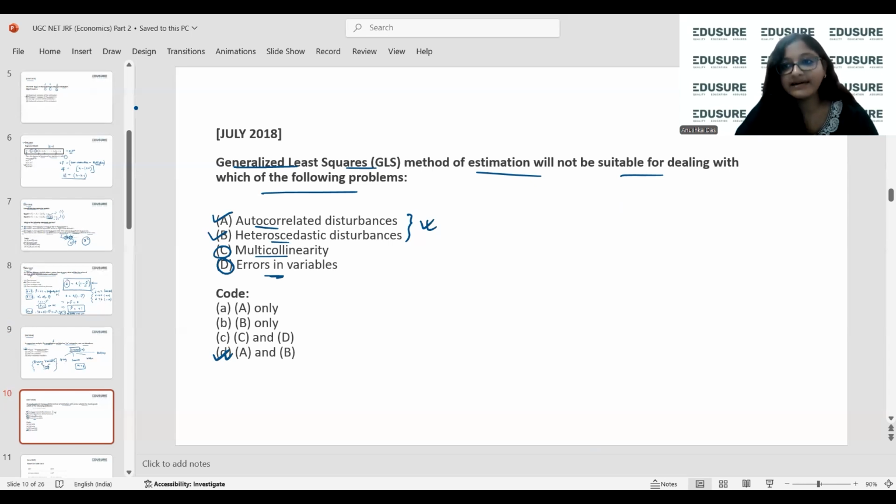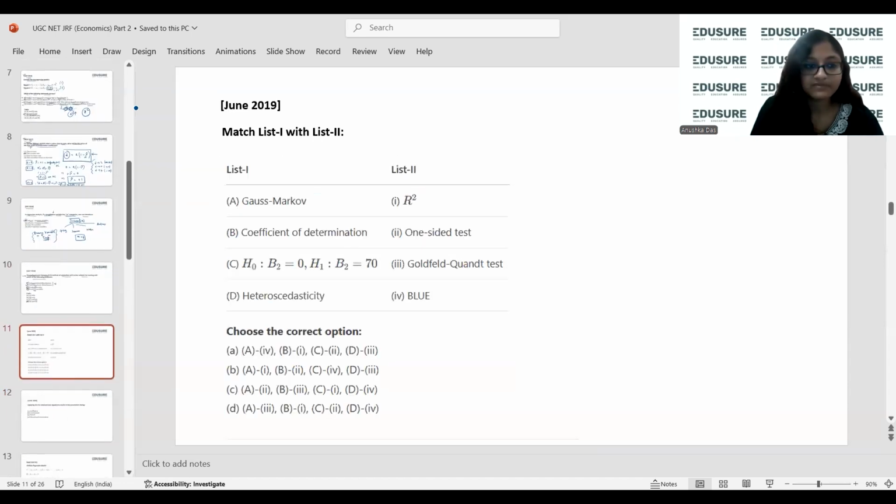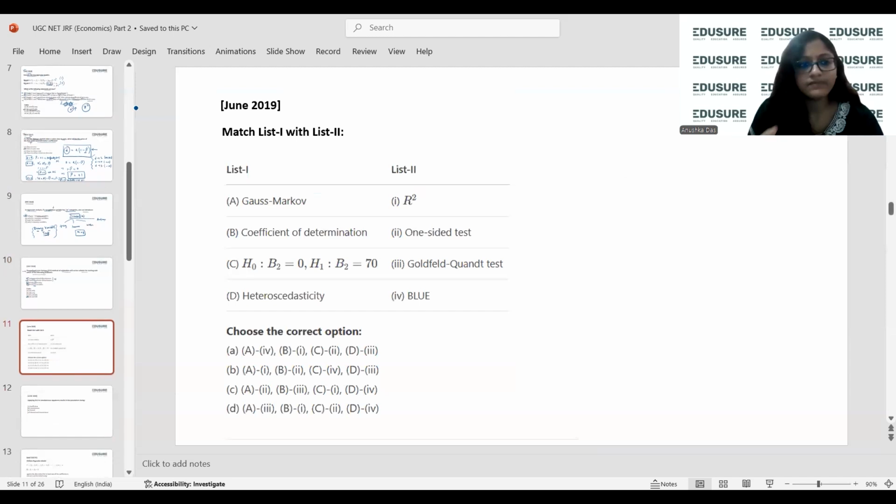To tackle that problem, if you apply generalized least square, it will give you an efficient outcome. Unbiasedness and consistency are maintained anyway, so efficiency can also be ensured under these kinds of problems. So A and B will be the right answer for this problem. Let's quickly see some more problems.